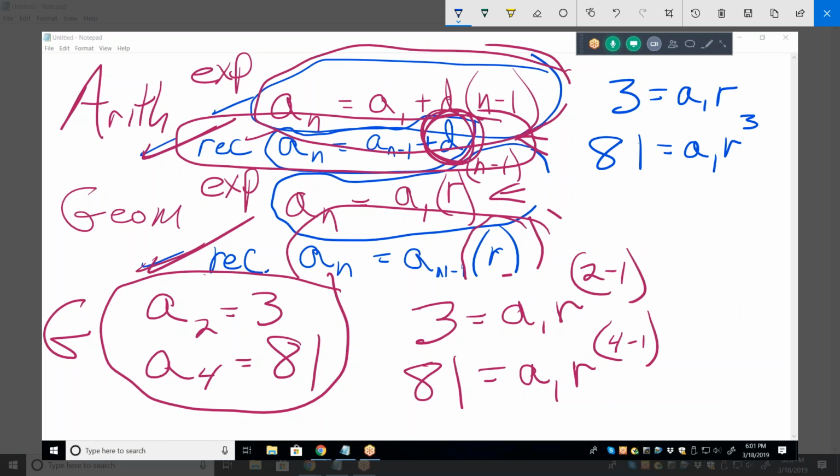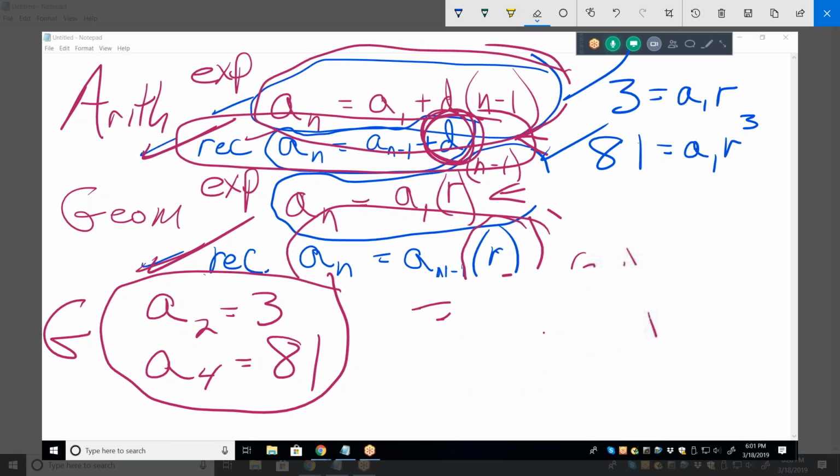Okay. So what do we have? Two equations, two unknowns, a sub 1 and r. So we're going to have to solve this as a system of equations. Okay, so let's just solve it. How would we solve those two?